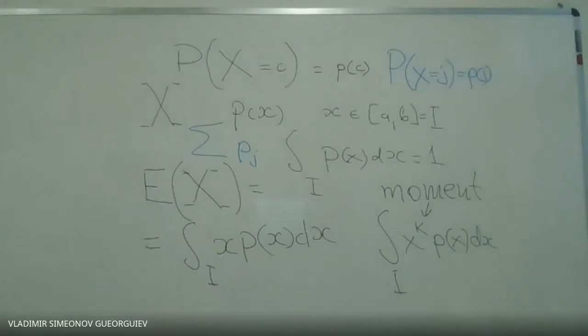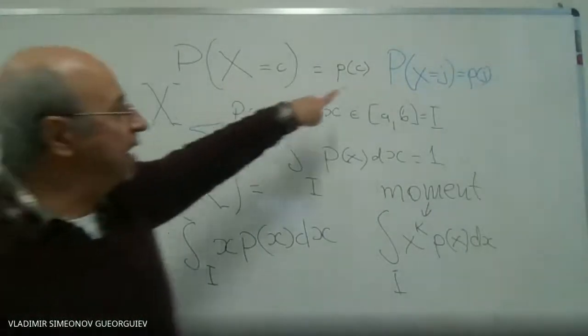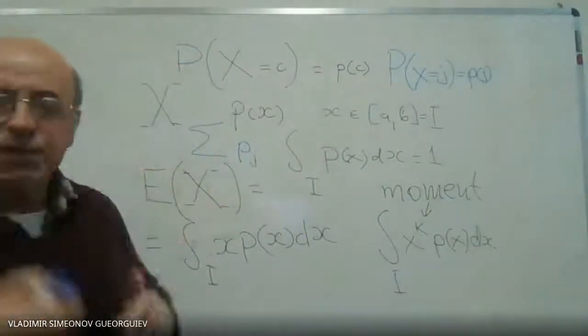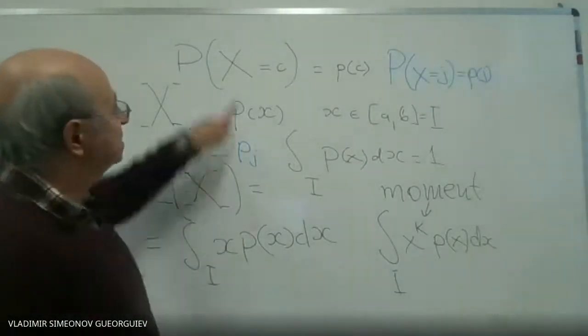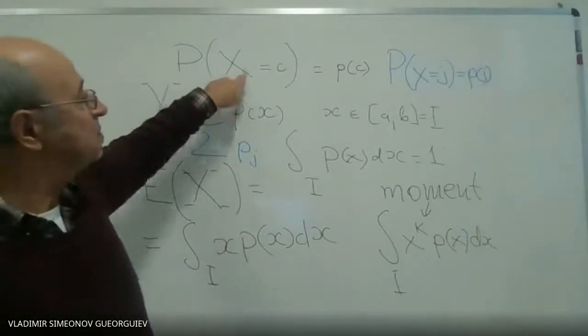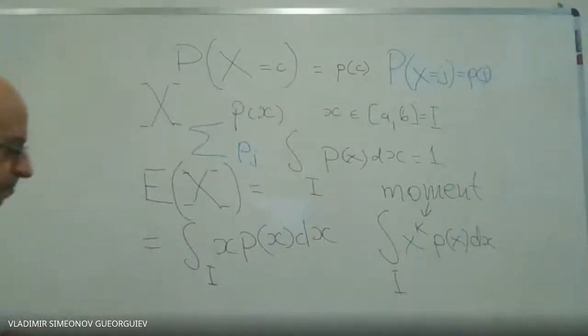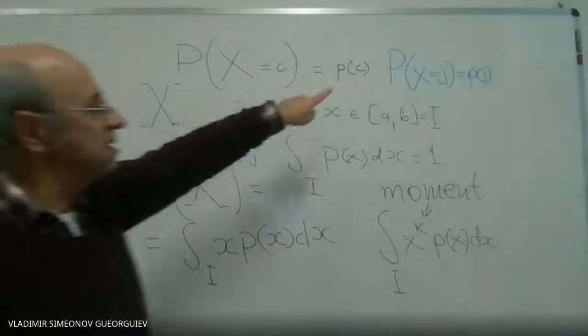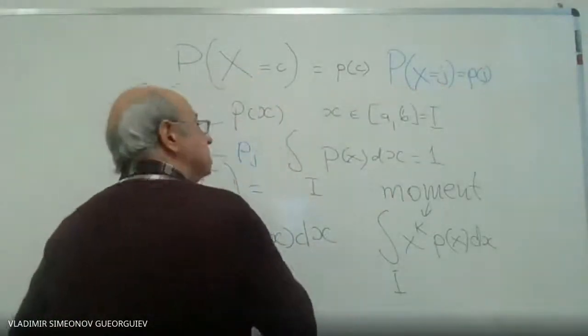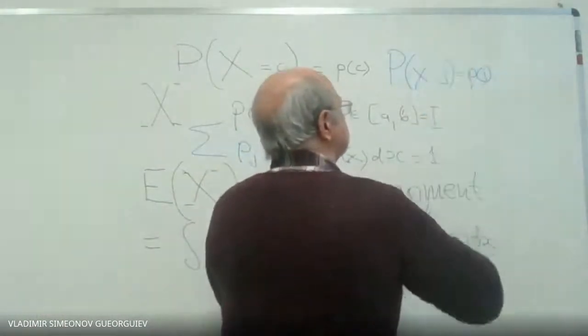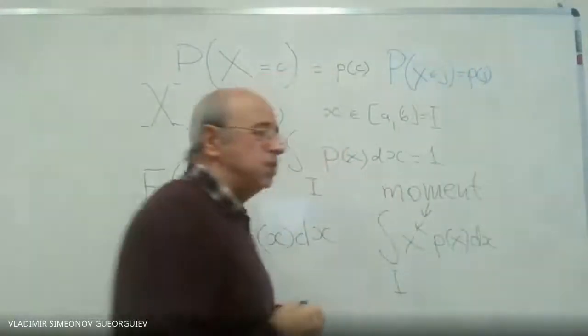Another important thing, again, here with blue, I put the analog with the discrete case. Let us try to see what is the probability that our random variable is smaller or equal than C. For example, if we take the probability of x smaller or equal than j, in the discrete case, what do we have to take?